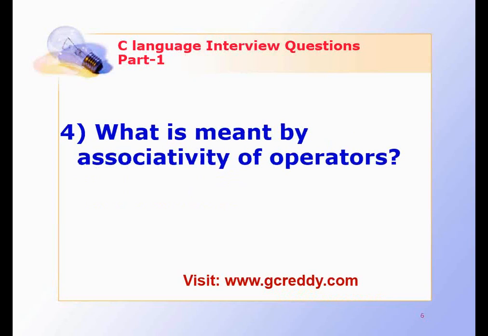What is meant by associativity of operators? Associativity indicates in which order two operators of the same precedence execute. The associativity of the operators can be of two types, left associativity and right associativity.